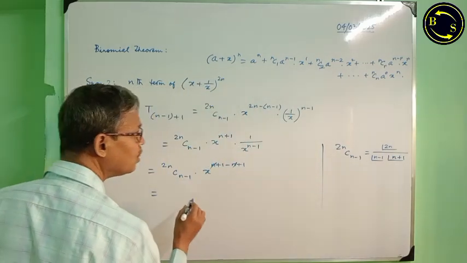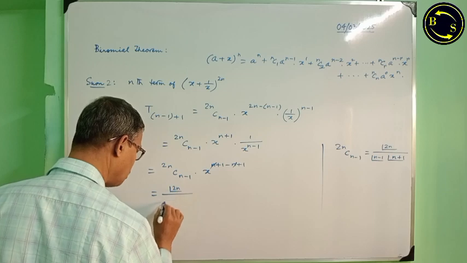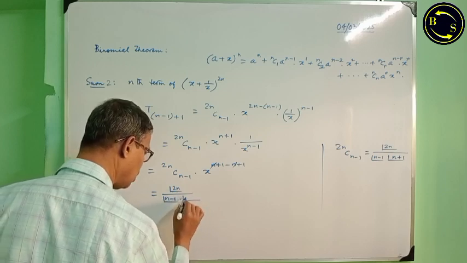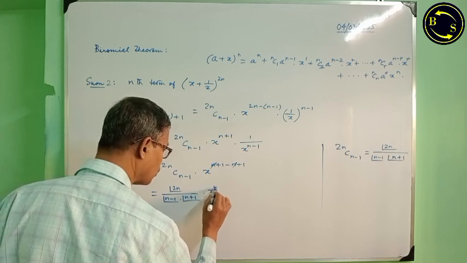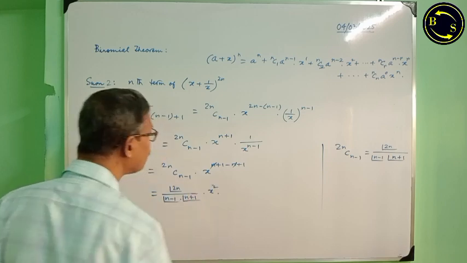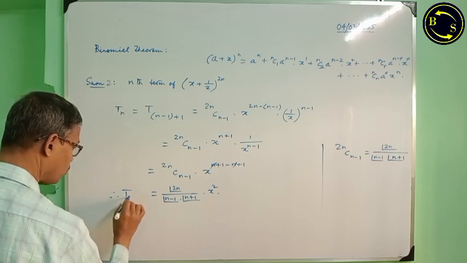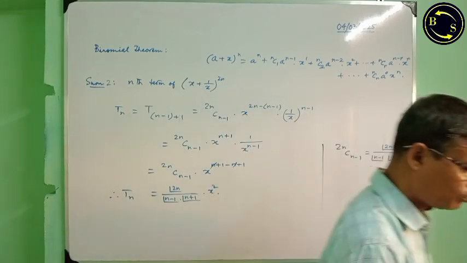Therefore, we get factorial 2n by factorial n minus 1 into factorial n plus 1 into x square. This will be the nth term.